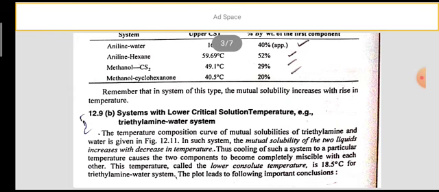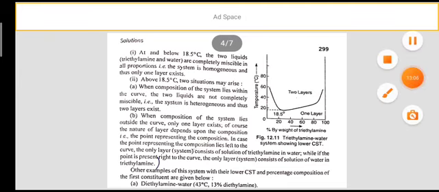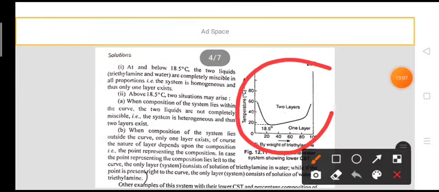For triethylamine and water, the critical solution temperature is 18.5 degrees centigrade. This temperature is less than room temperature, so it is called the lower CST. Here is the curve between the temperature and mutual solubilities of triethylamine and water.